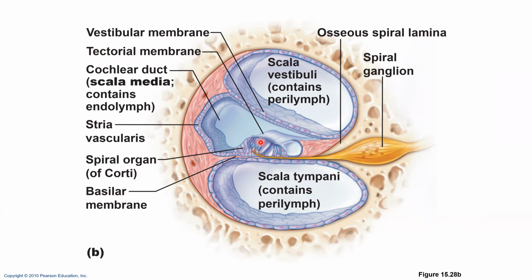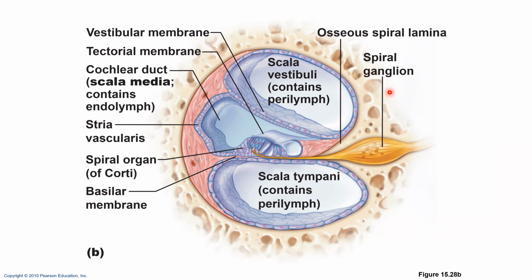The organ of Corti has special cells. They are receptors for hearing, and they synapse with the axons of sensory nerve fibers. Those axons form a nerve, the cochlear nerve.